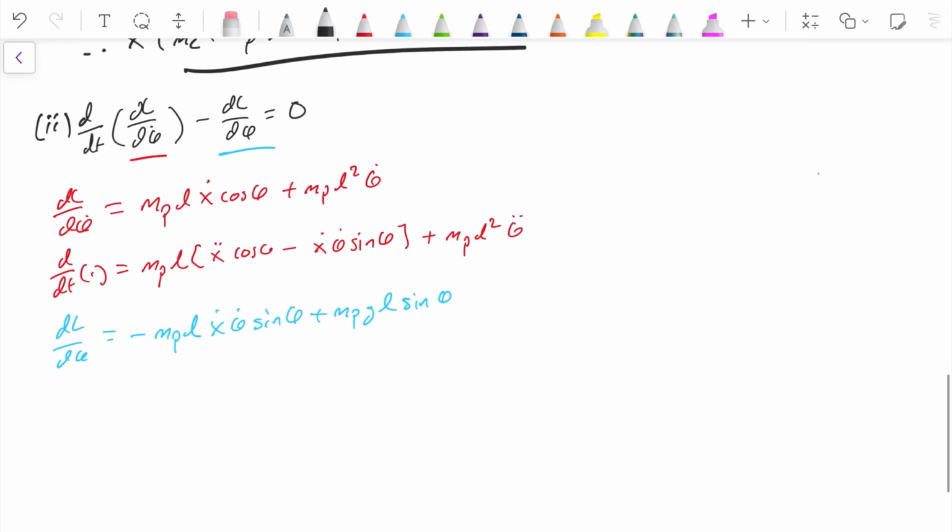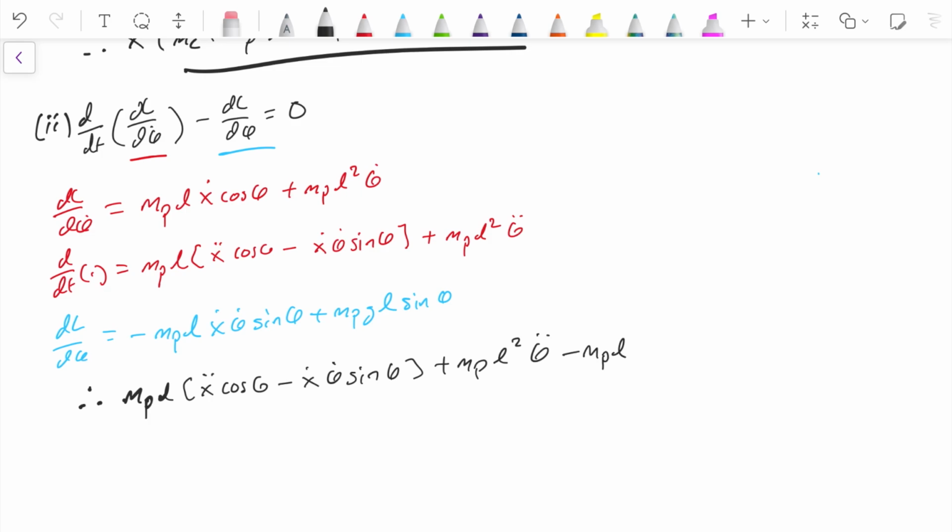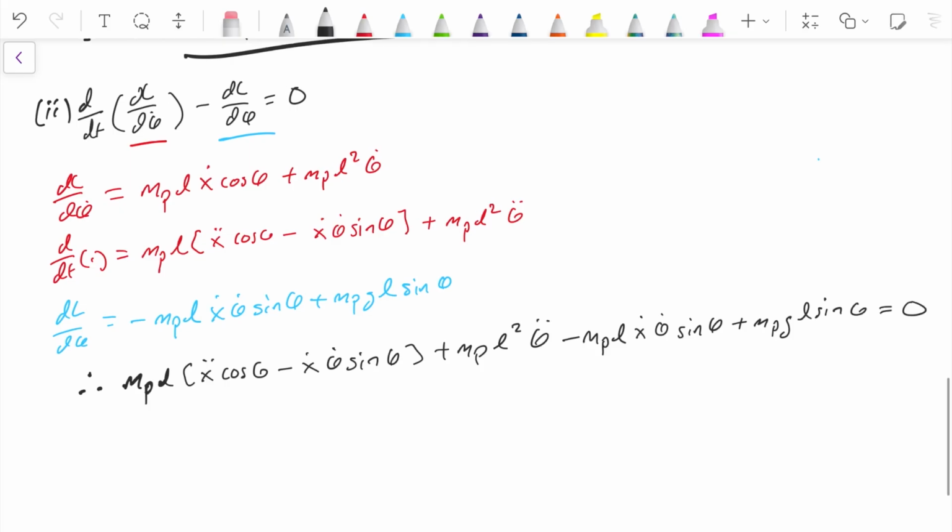So combining this whole term, we will have MPL x double dot cosine theta minus x dot theta dot sine theta plus MPL squared theta double dot minus MPL x dot theta dot sine theta plus MPGL sine theta. This is all equal to 0.